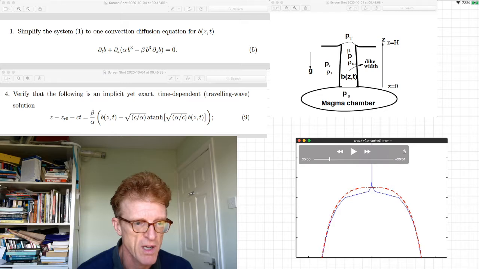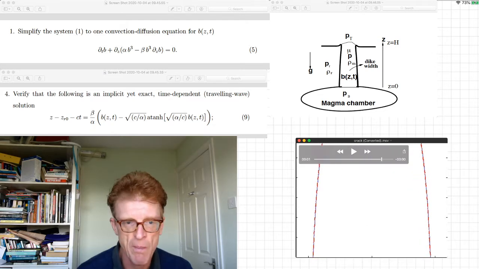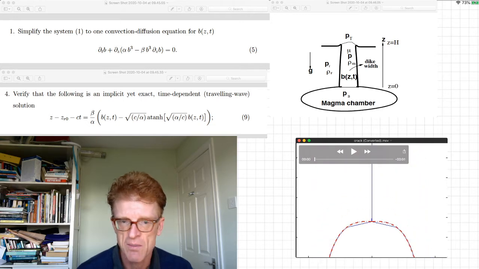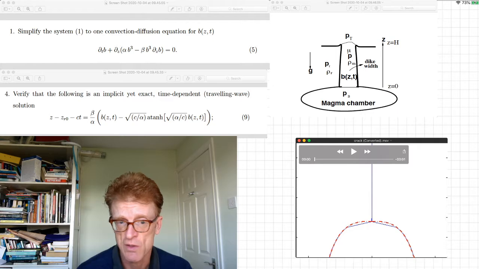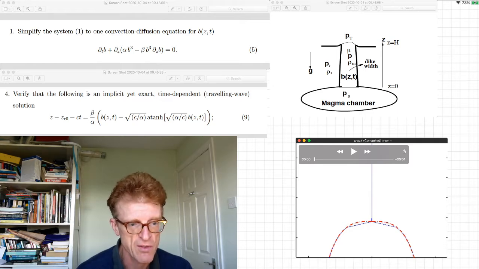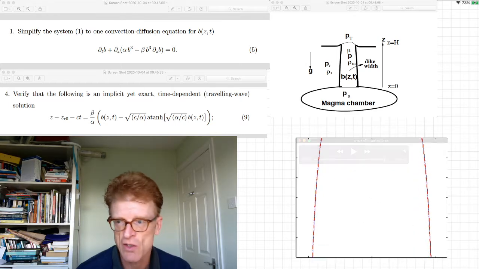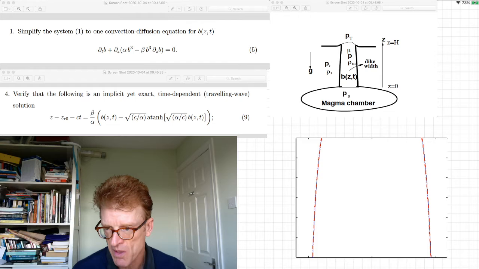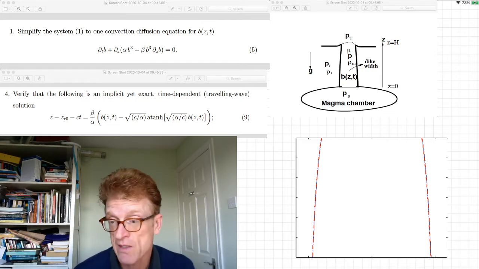So we can march through. One of the tasks was to make a comparison between the numerical and the exact solution. So here the front hasn't reached the top, and then it marches forward, and then at the end it reaches the top, and now you see that the numerical and exact solution, because there's not that much variation, match very well.